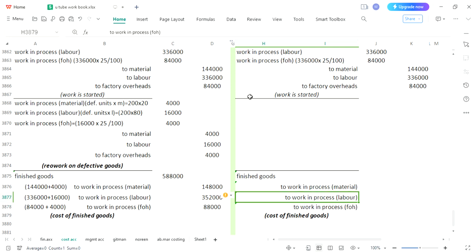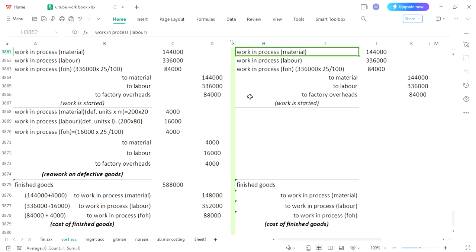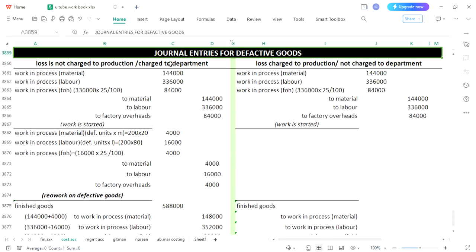You should understand the heading, otherwise it would be a matter of confusion. The first part is loss not charged to the production, please note it down, and the second is loss charged to the production. When there is loss charged to the production, you will introduce a new name, a new element, a new factor, which is factory overhead. The entry is simple.